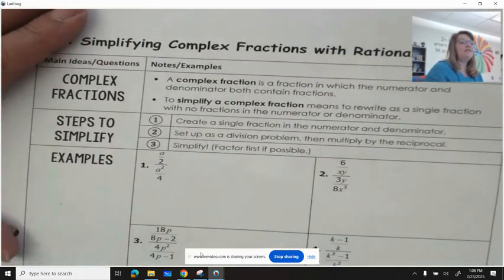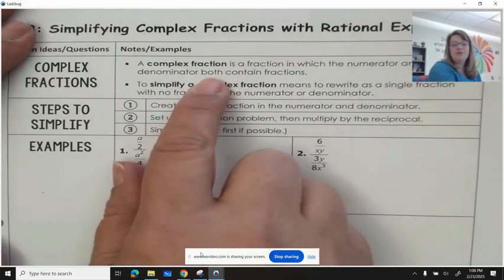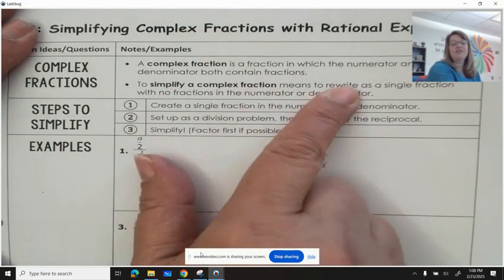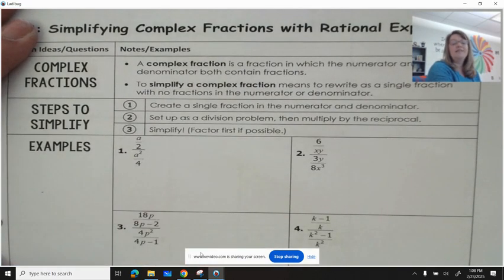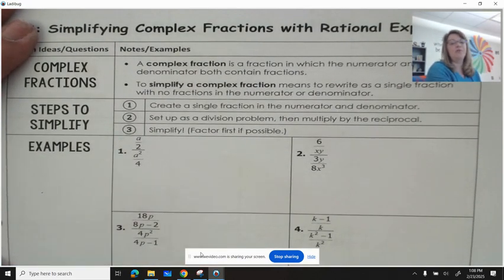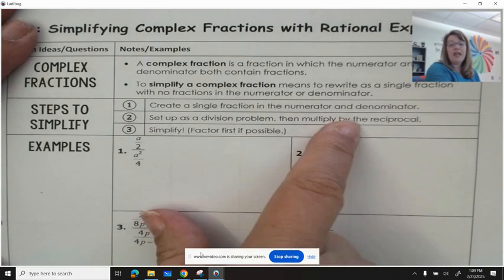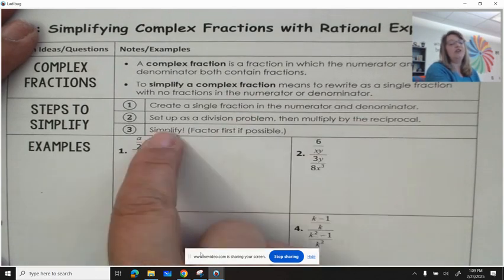Okay, so our steps here go through exactly what we're supposed to do. I just told you what a complex fraction is. The definition is that the numerator and the denominator are both fractions. Now, to simplify a complex fraction, we have to rewrite it as a single fraction. It can't be a fraction in the numerator and denominator anymore. It has to just be one fraction, all right? So we're going to create a single fraction in the numerator and the denominator.